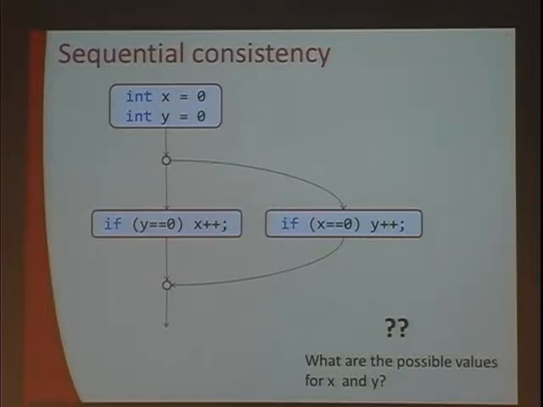Let's imagine that these updates to x and y are atomic statements for the purpose of this example, and that x and y are initially set to 0. Then we fork a child that checks if x is 0 and increments y, while the main revision checks if y is 0 and, if it is, increments x. So my question to the good audience is, what are the possible final values for x and y?